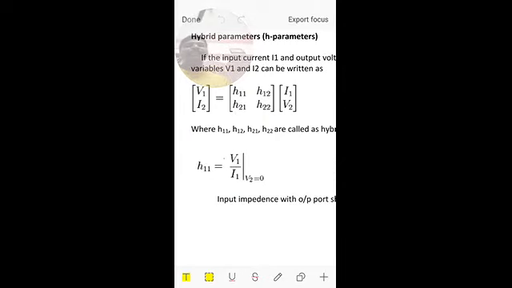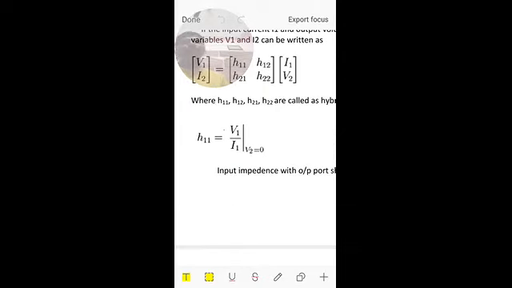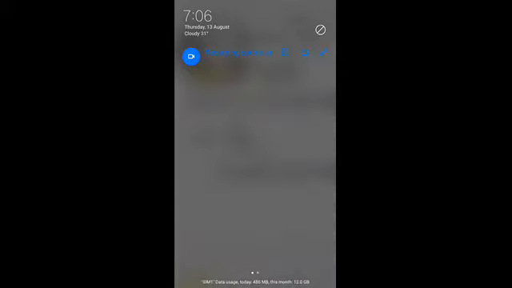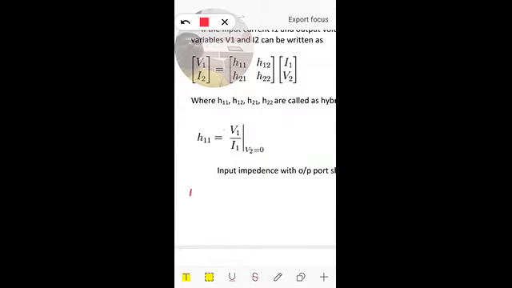Similarly, we can write the other equation for H21 from this matrix. We can write the equation for I2 from the matrix above. I2 is equal to H21 I1 plus H22 V2.